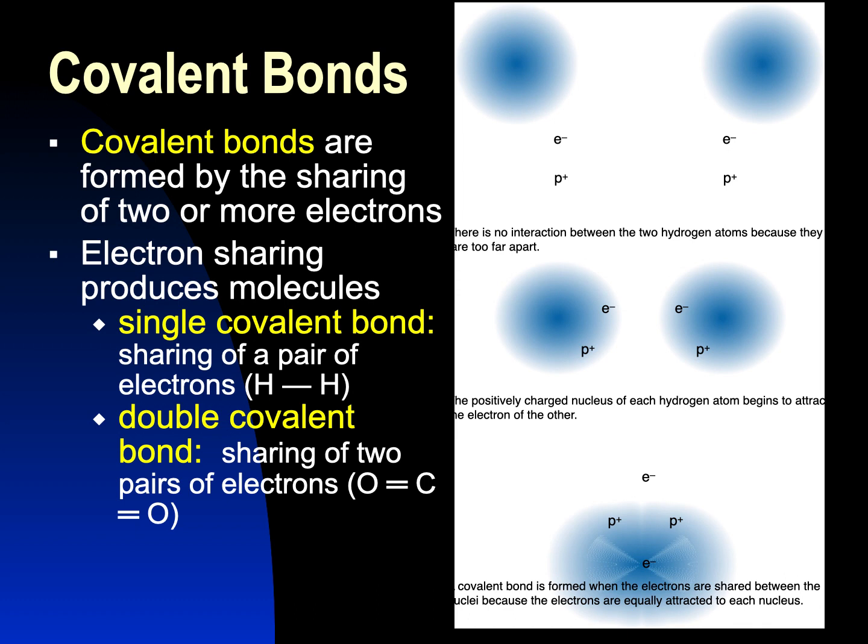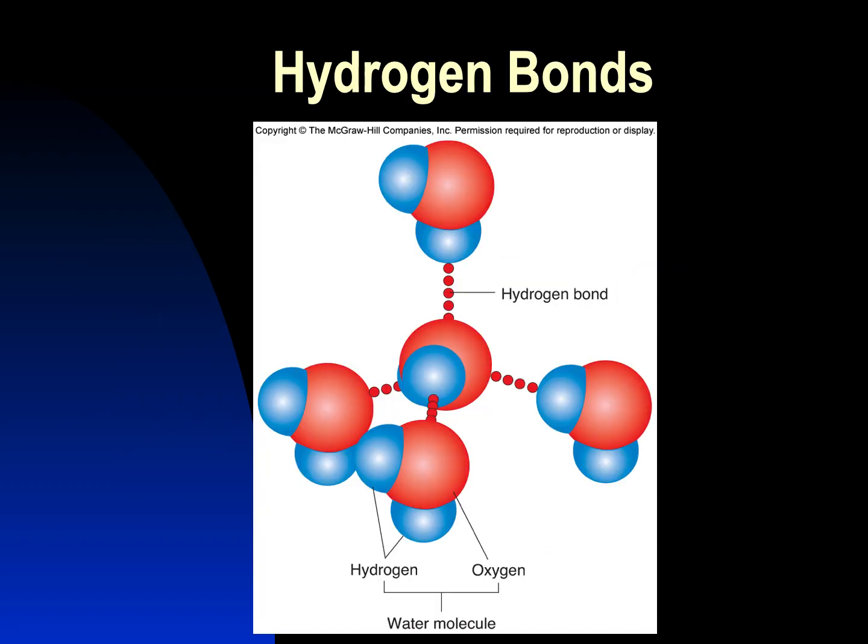Other types of atoms will share electrons, and these are called covalent bonds. And electrons that are shared this way will orbit the center of both atoms, and then will hold those atoms together fairly tightly. A good example of this kind of activity is water.